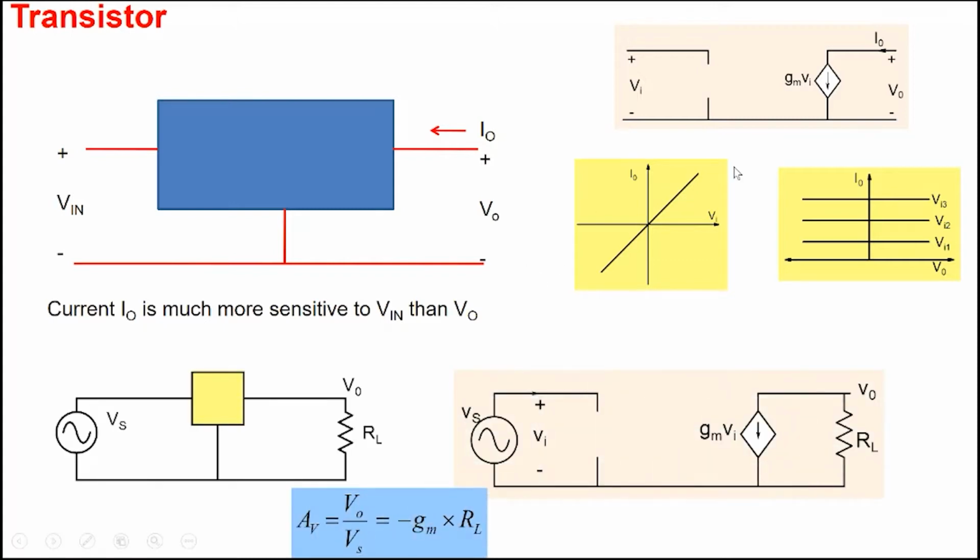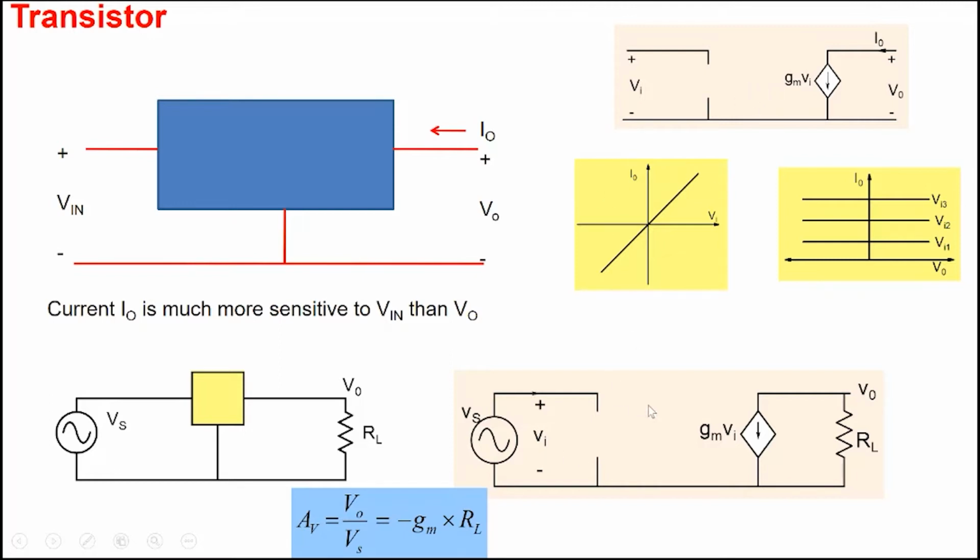And once you have this ideal transistor, then it's very easy to construct an amplifier. All you need to do is connect the source, the signal that you want to be amplified, and connect a load here. And we had seen that it's easy to analyze. You can remove this three-terminal device and instead put this particular model here.